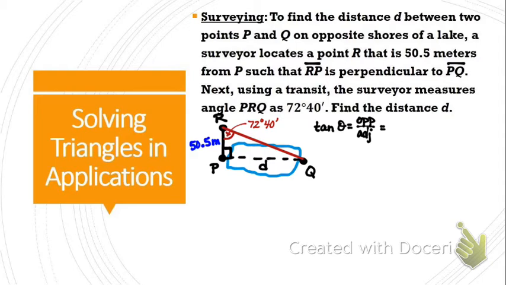Do we know our opposite side? We know our adjacent side. We're trying to find our opposite side. There's only one little issue that I see with the information they gave us. They said my angle is 72 degrees, 40 minutes. How do I put something like that into my calculator? Yes, we want to convert this to just decimal degrees. How do I do that?